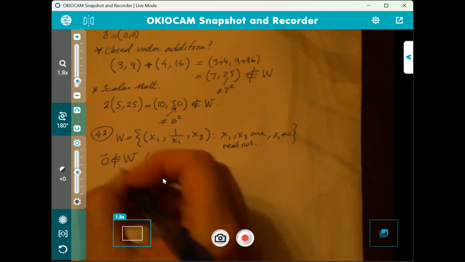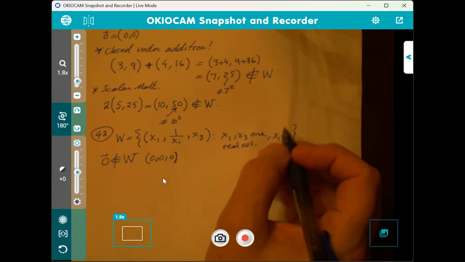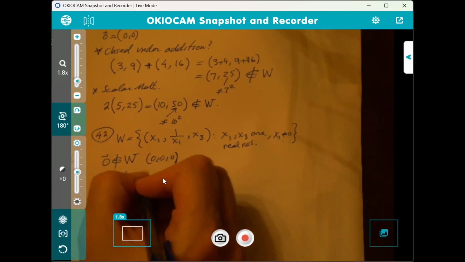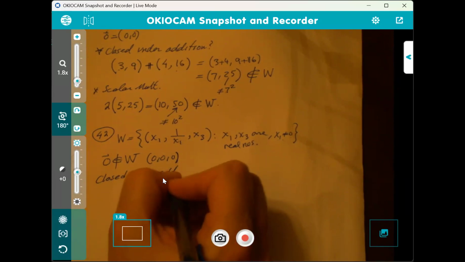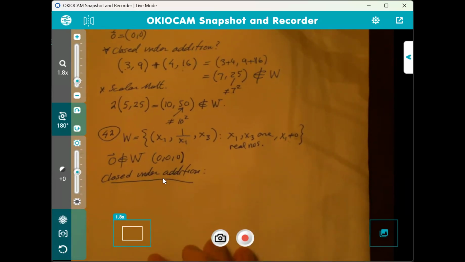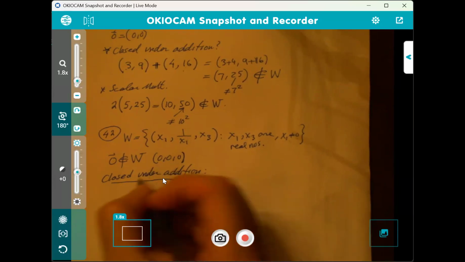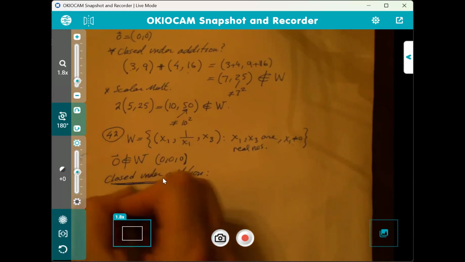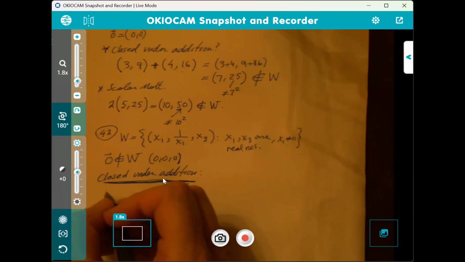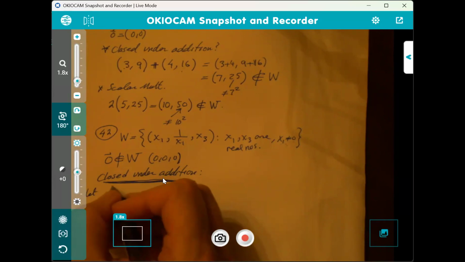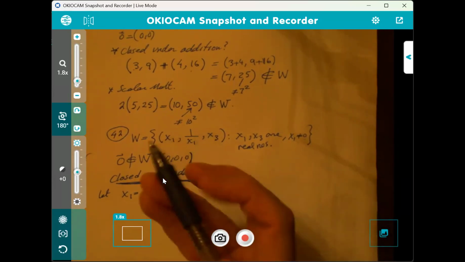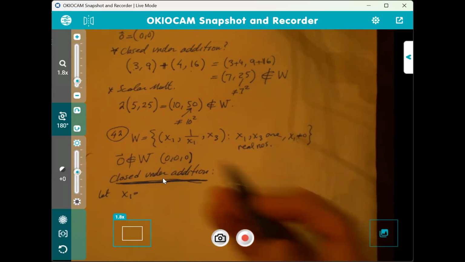But let's try closure under addition. Let's see if it's closed under addition. To show that, I need to grab two vectors from this set. I'm going to let x1 be anything you want me to pick, as long as it's not 0.